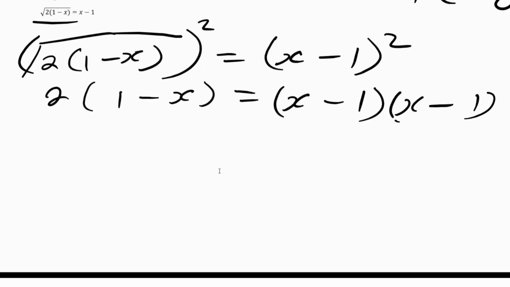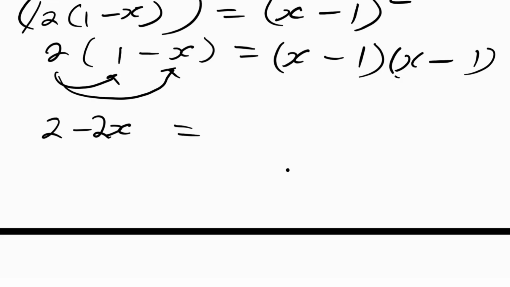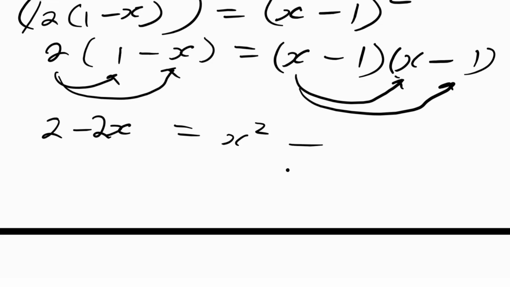So now let's just scroll down. So now we have that. So we can multiply these two. These two will go in here, multiply by that, and also go there. So we'll have 2 minus x minus 2x, 2 minus 2x, and then this will be equals to, this will multiply here and again multiply here. We'll have x squared, then this times that, it's minus x, right?